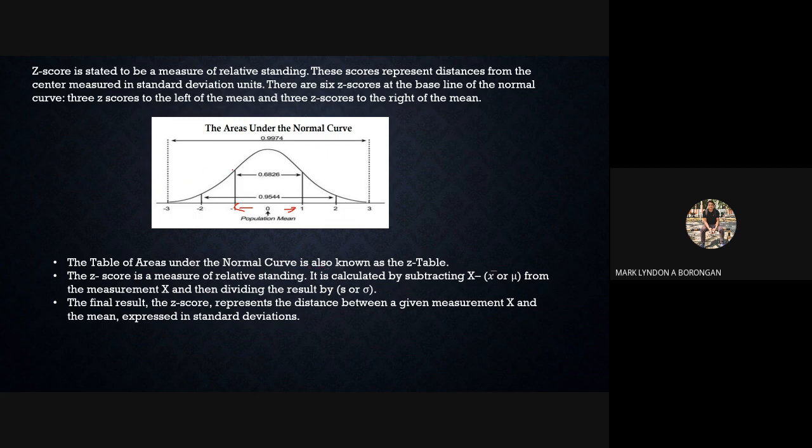So the z-score is a measure of relative standing. It is calculated by subtracting the mean, x bar or mu, from the measurement x, and then dividing the result by s or sigma, lowercase. This is called the standard deviation.